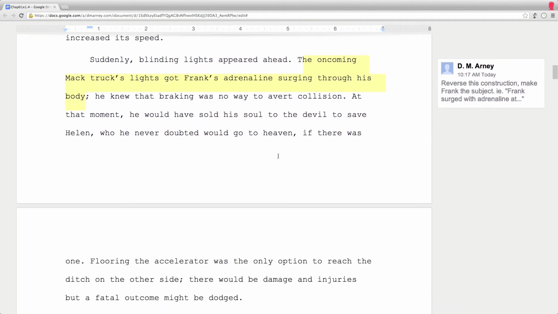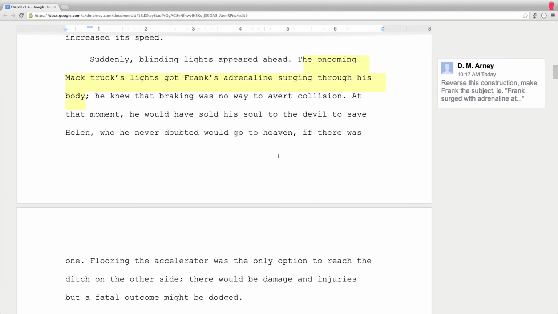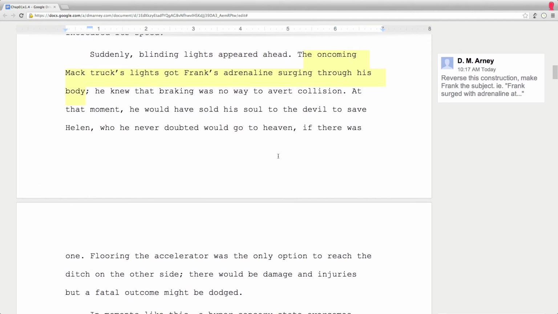And then this last paragraph here, and the one that comes just after it, again, you can see that he's really diving into the action, which is fine. However, the idea here is that Frank and his wife are in a car accident, and Frank's wife is killed, which you'll see in a moment.